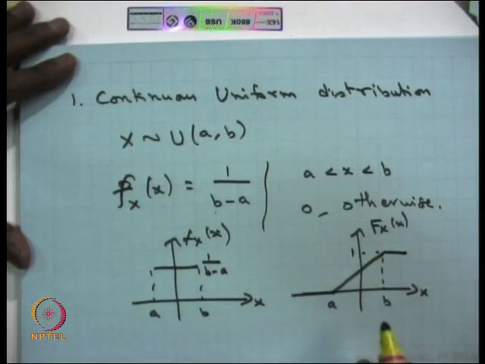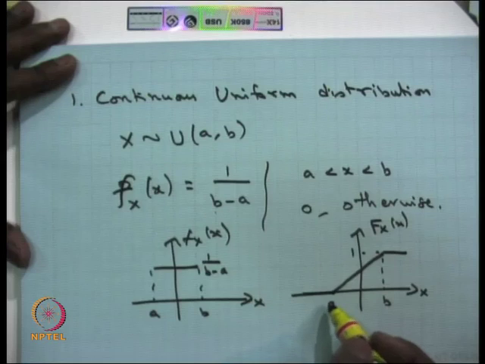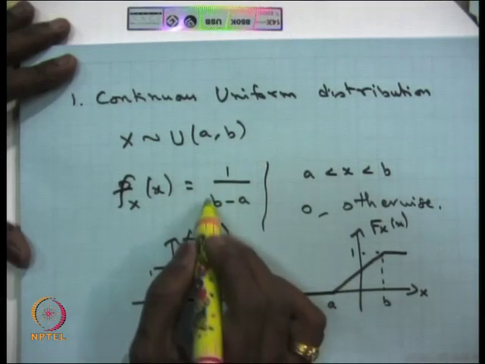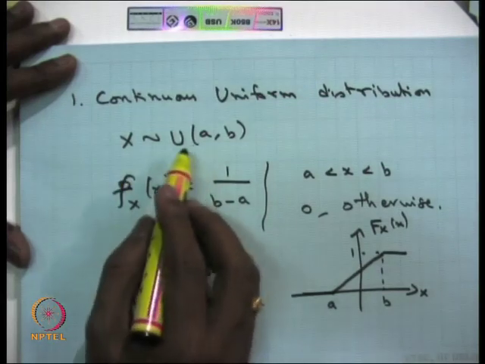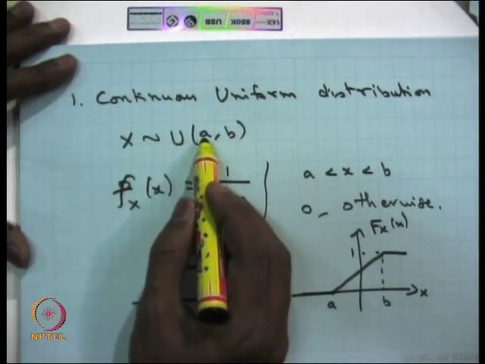That means you can conclude that if a random variable's CDF increases linearly from 0 to 1 in the interval a to b, then you can identify a and b, and the random variable has a uniform distribution between the interval a to b.